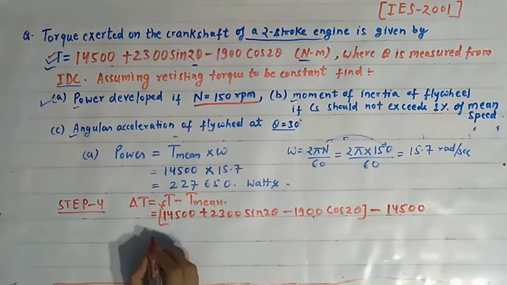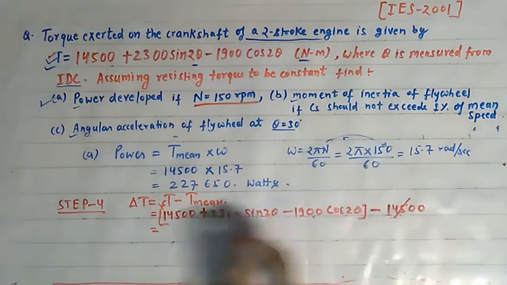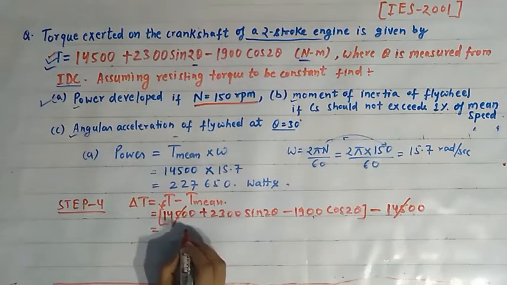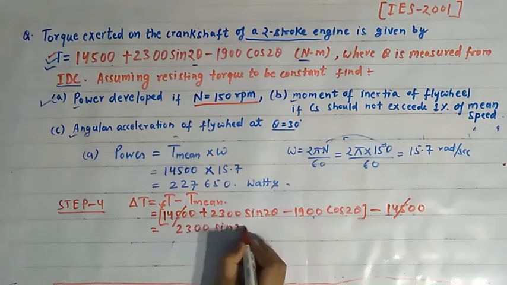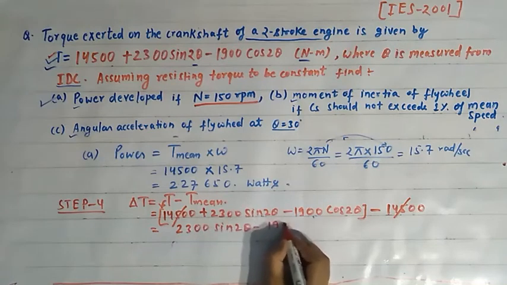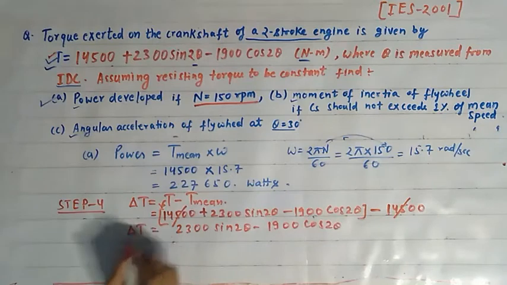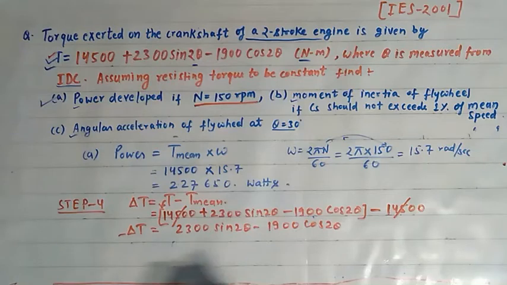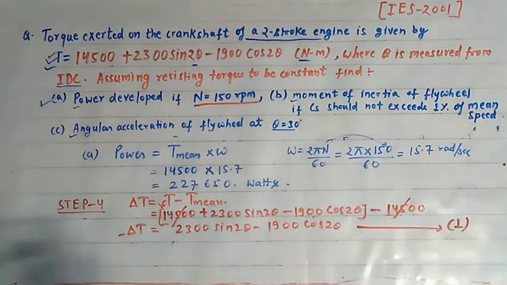So when I break this bracket, this term will cancel out with this term. So we will be left with 2300 sine 2 theta minus 1900 cos 2 theta. It is our delta T. This is a very important step that we have calculated here. Delta T, you have to remember this step. I am giving this equation as equation number 1.